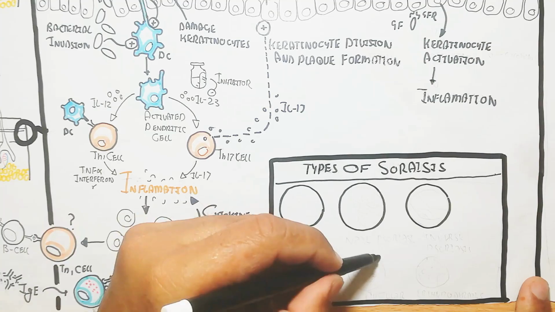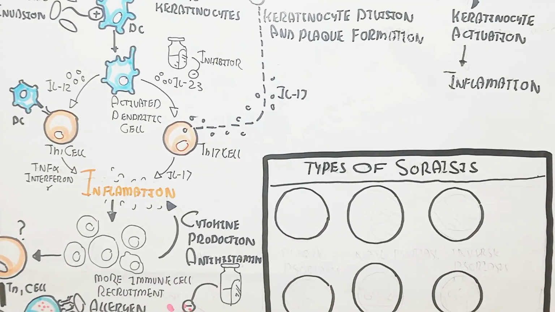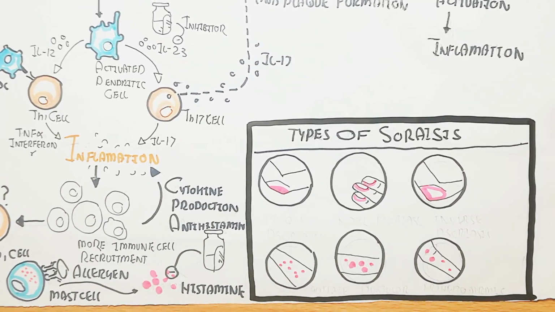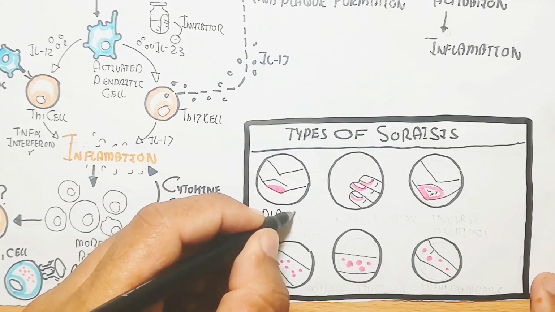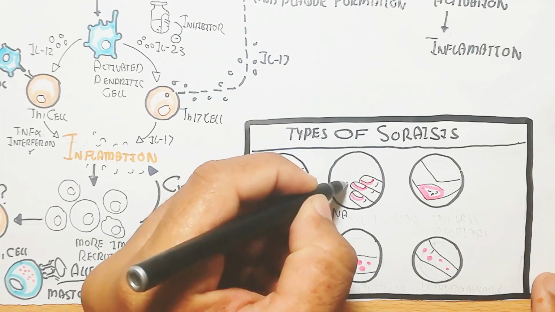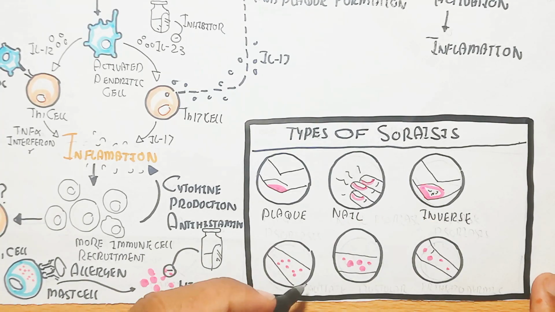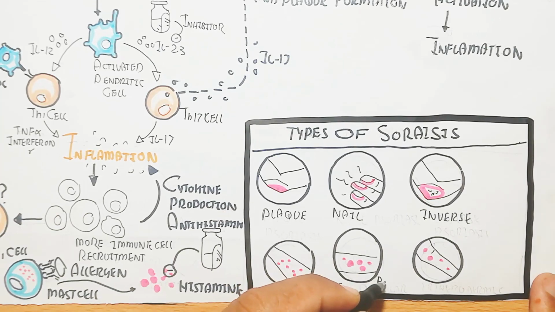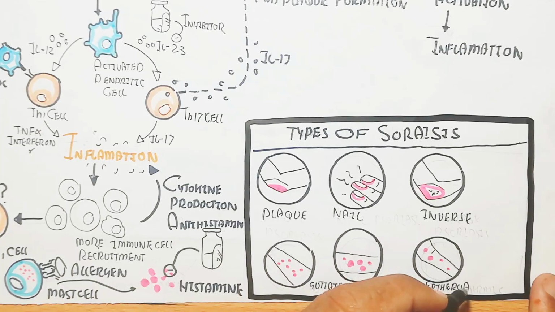Here you can see, I will draw here, the plaque formation, nail psoriasis, inverse psoriasis, and guttate psoriasis, which means a dotted appearance on the arm and leg. Pustular means pustule formation, and then erythrodermic psoriasis, where erythema occurs, a red color, more reddish on the skin.